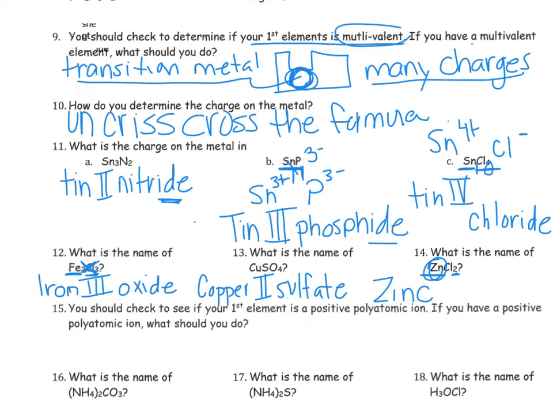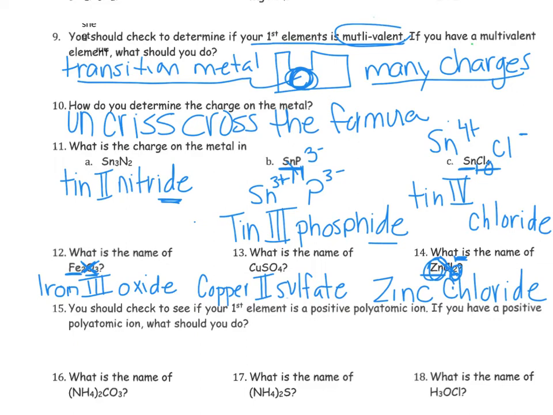So we know that it's a +2, so we don't always write the Roman numeral 2. So that's where that 2 came from, was right there. And of course, chlorine had a -1, so we just say zinc chloride.